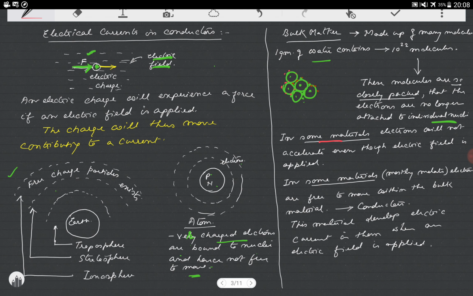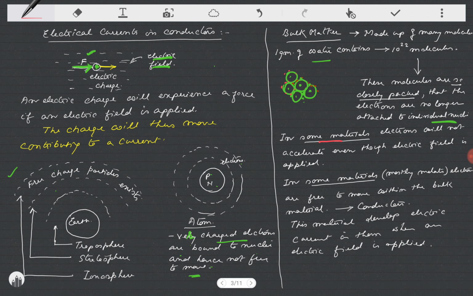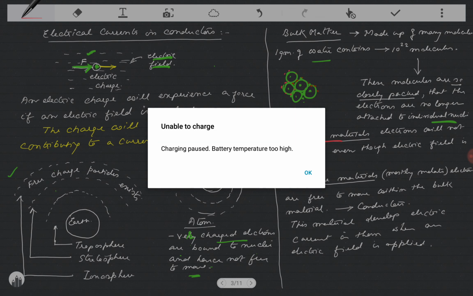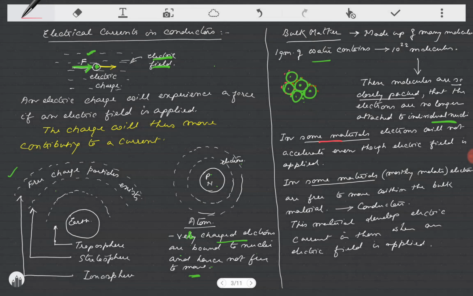In some materials, these electrons will not accelerate even though an electric field is applied.